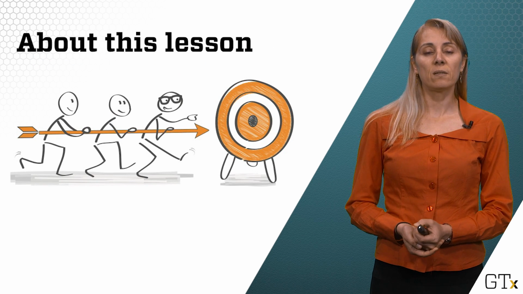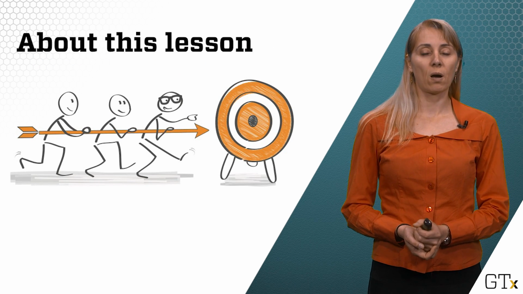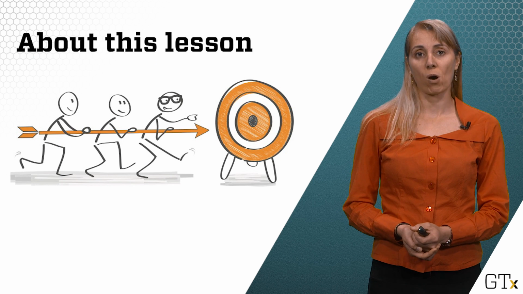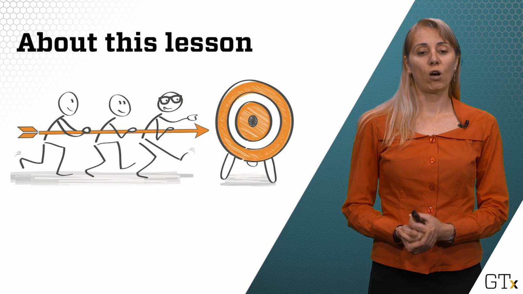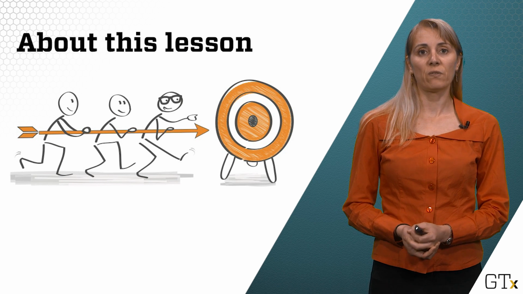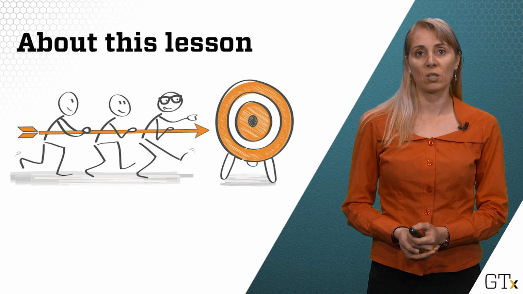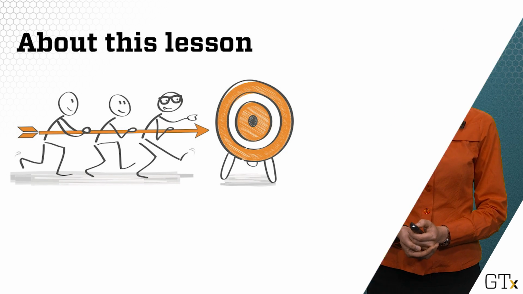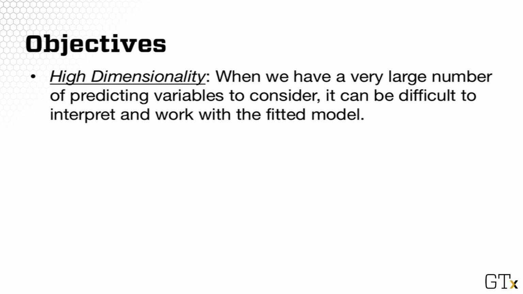In this lesson, I will introduce the general concept of variable selection or model selection, along with the common objectives in variable selection. In linear regression, when the number of predictive variables P is large, we might get better predictions by omitting some of the predicting variables.